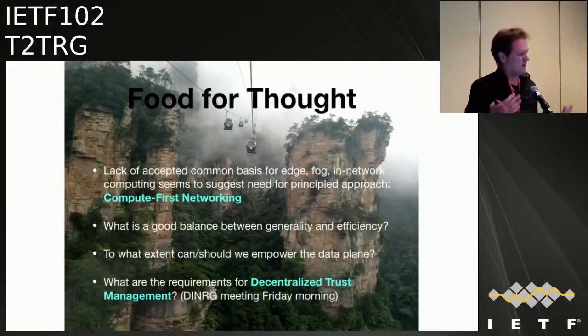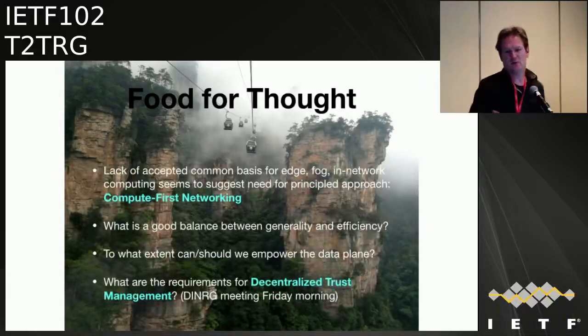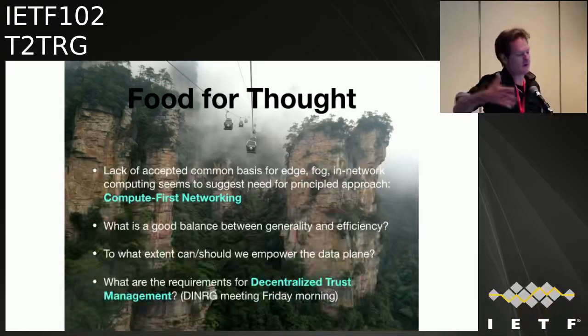So you have to think about what is my innovation spectrum in this space? What is the good balance between a general purpose system and a highly efficient system? For the ICN folks, the question is, to what level should we empower the data plane to support finding functions, optimizing call graphs, and so on? And to what extent should we leave this to orchestration perhaps?